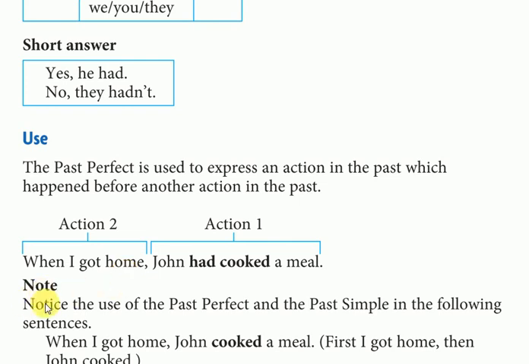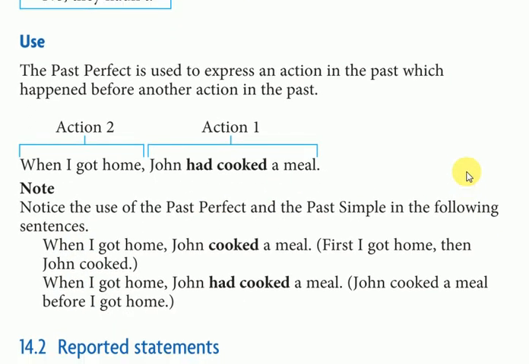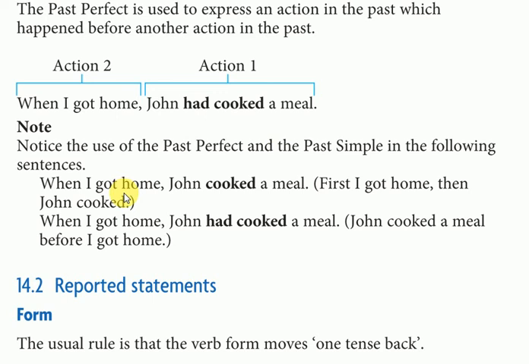Here notice the use of past perfect and the past simple in the following sentences. If we say, when I got home, John cooked a meal, there are two actions.